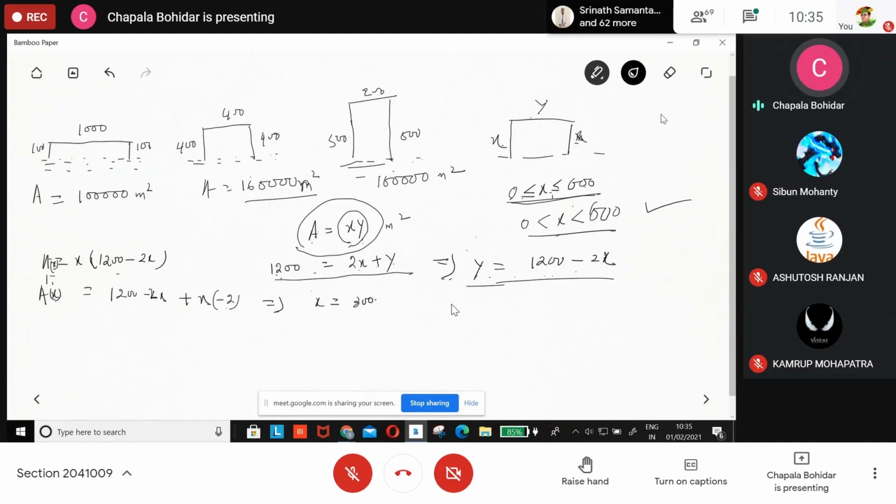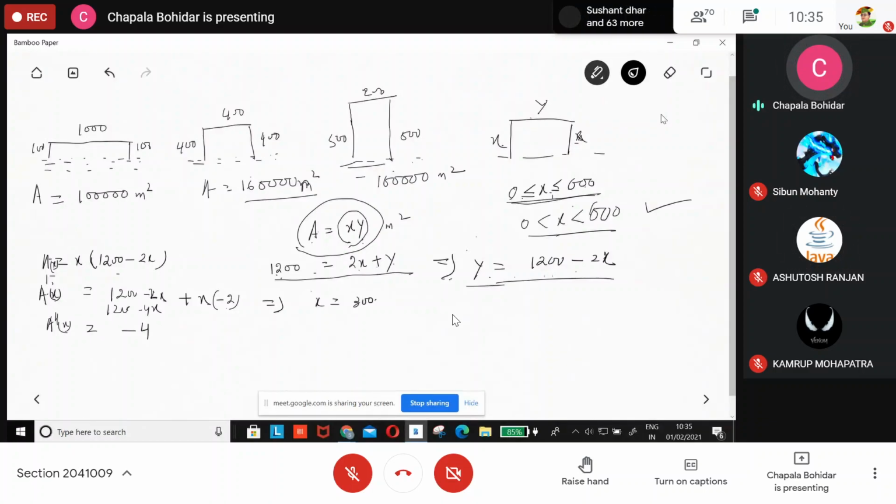Okay. Now A double dash x. What you are getting? Minus 4. This is 0. The second derivative test for the maxima and minima: A double dash x is equal to minus 4, or not? It is your 1200 minus 4x.